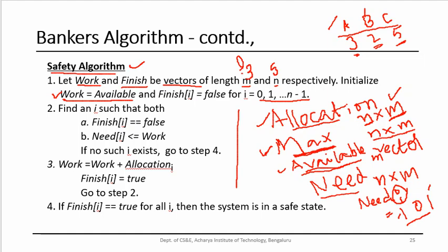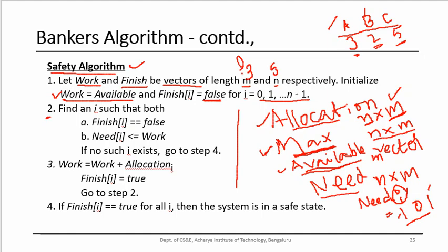For all these processes, finish is made false, which means that none of the processes has completed its execution.